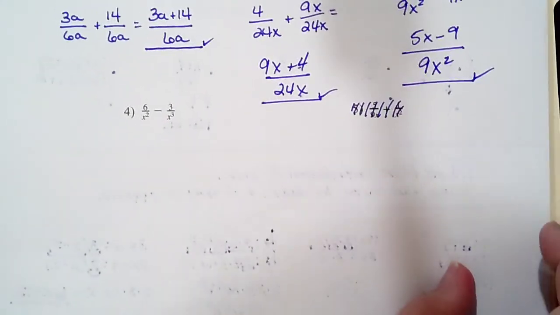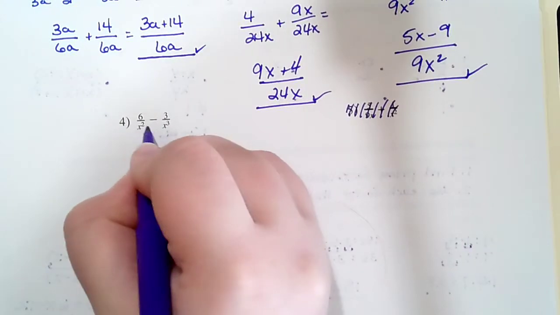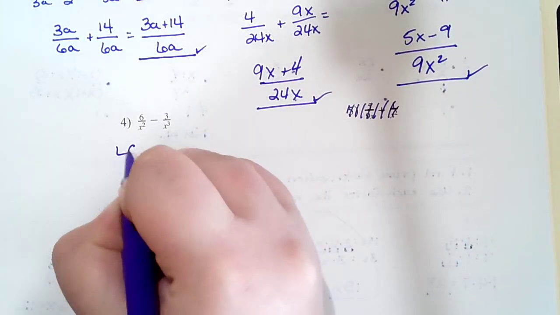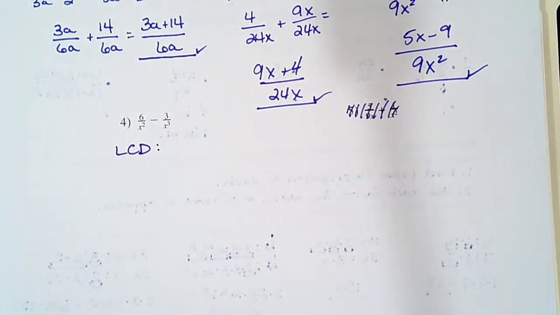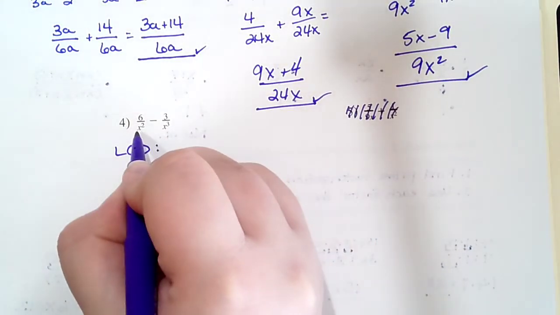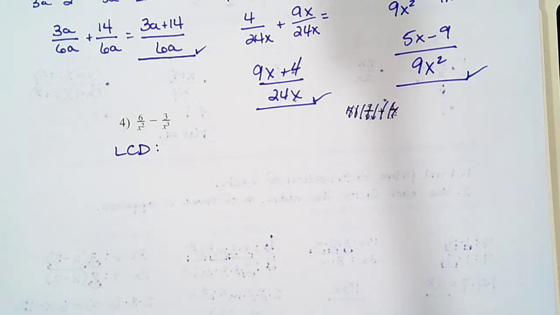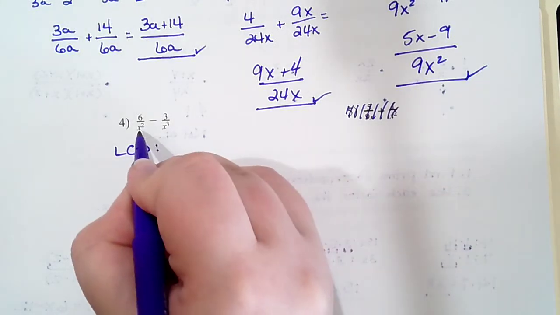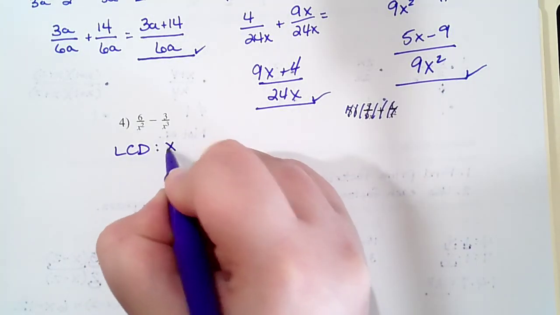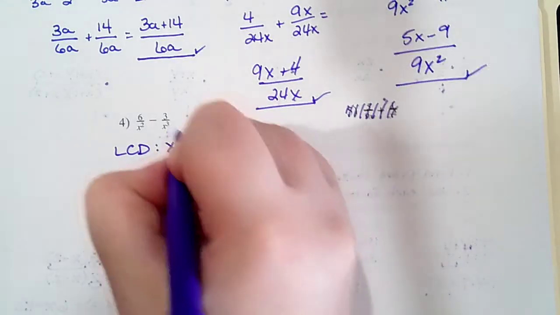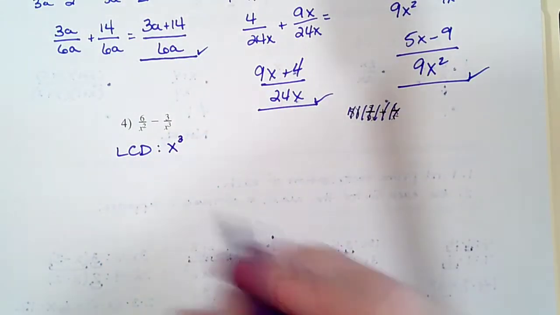All right. So let's go ahead and go with this one. Let's start off finding the LCD, in this case lowest common denominator. This one has x squared, that one has x cubed. In order to get from an x squared to an x cubed, I'm going to have to go all the way up to x cubed.